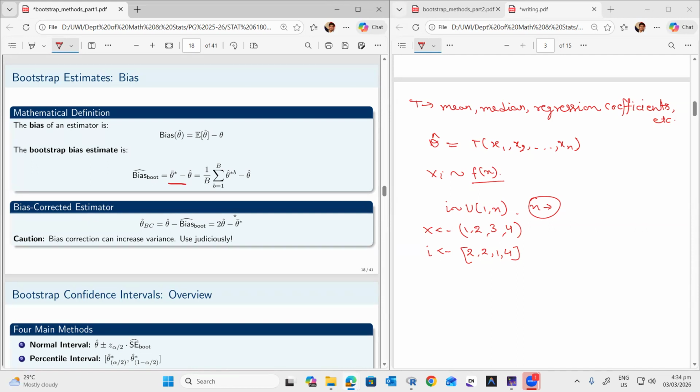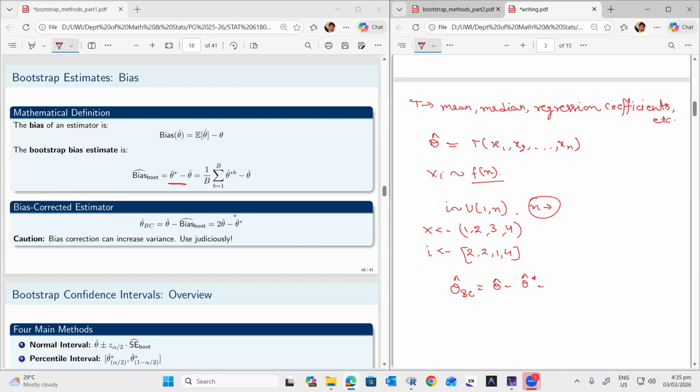So the bias corrected estimate for that one. The formula is theta cap BC equals theta cap minus bias cap of the boot. So if you just use this one, the formula is theta cap bias corrected equals theta cap minus bias, and because it is minus, it will become plus theta cap.